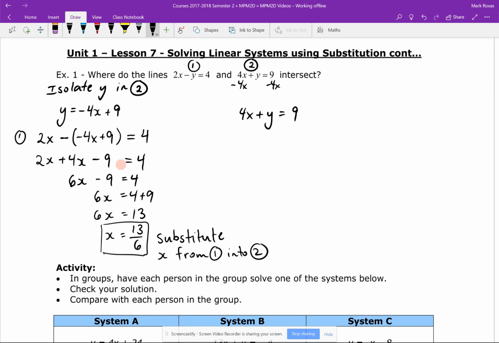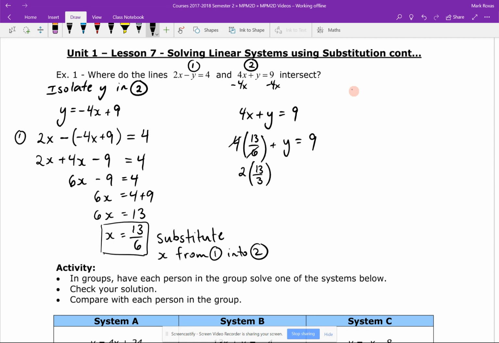Now you can use equation 1 as well. Any of the equations will give you the right answer, but I'm just going to use a different equation for the sake of using a different equation. And so here my x is 13 over 6, so 4 times 13 over 6 plus y equals 9. Okay, and so 4 over 6 can be reduced to 2/3.